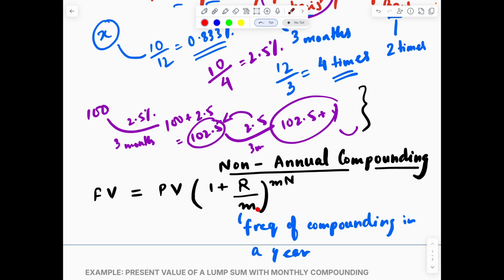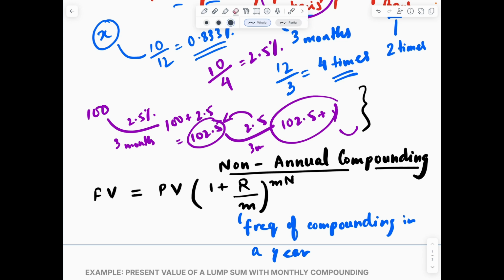Then this M is going to be 2. Hope it makes sense. And this N is the number of years. It is as simple as that. So future value is equal to present value into (1 plus R divided by M) to the power M into N.